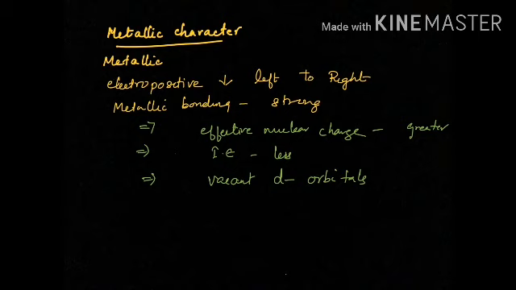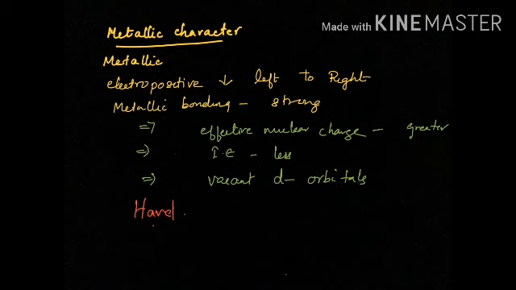So the reasons for the strong metallic bonding are the greater effective nuclear charge, lesser ionization energies, and the presence of vacant d orbitals in their outermost shell. Because of the very strong metallic bonding, most of the transition elements are very hard, right? When you compare to the other elements, they are very hard. It is because of the stronger metallic bonding.